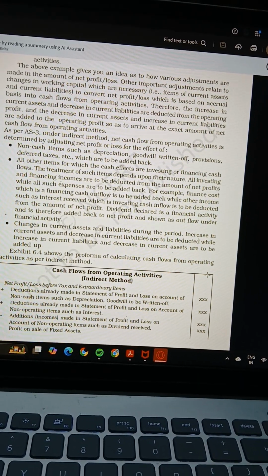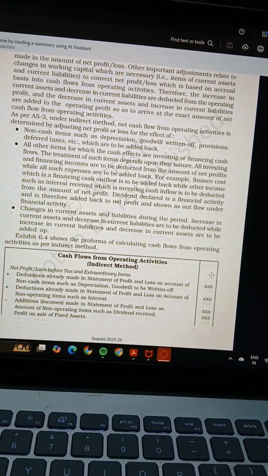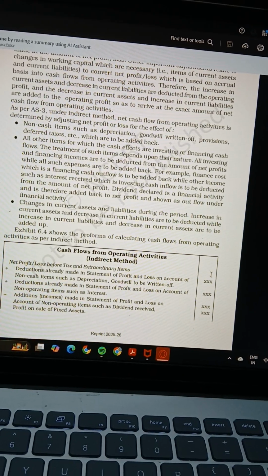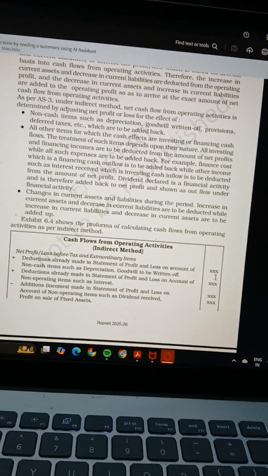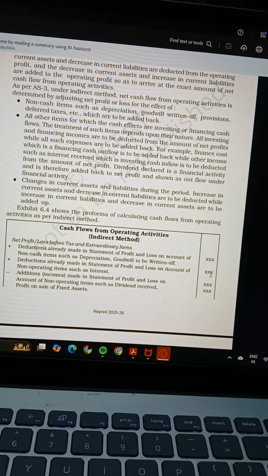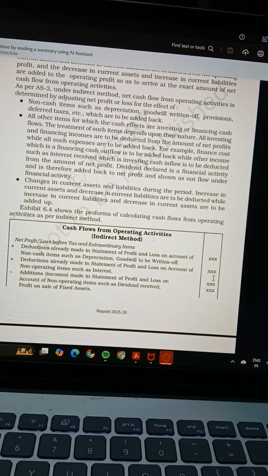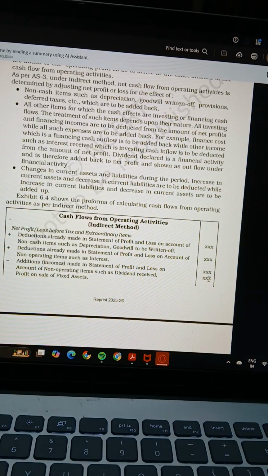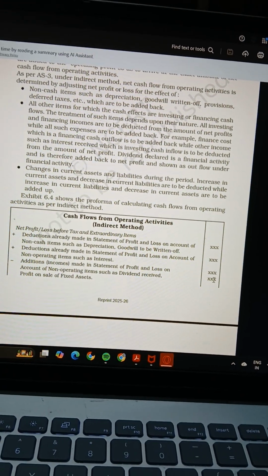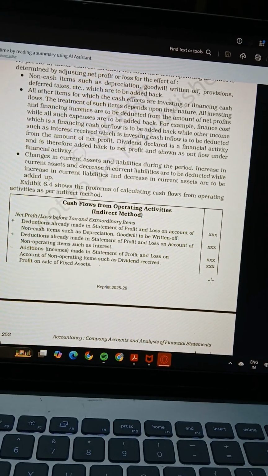Dividend declared is a financing activity and is therefore added back to the net profit and shown as an outflow under financing activity. For changes in current assets and liabilities during the period, an increase in current assets and a decrease in current liabilities are to be reduced, while an increase in current liabilities and a decrease in current assets are to be added up.